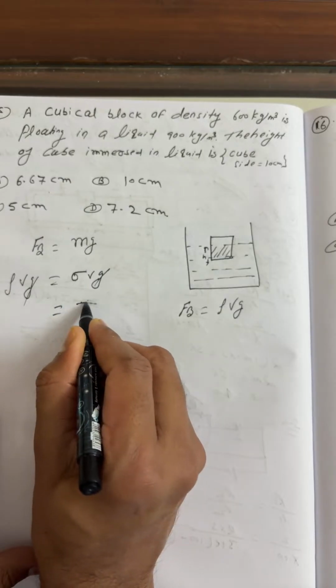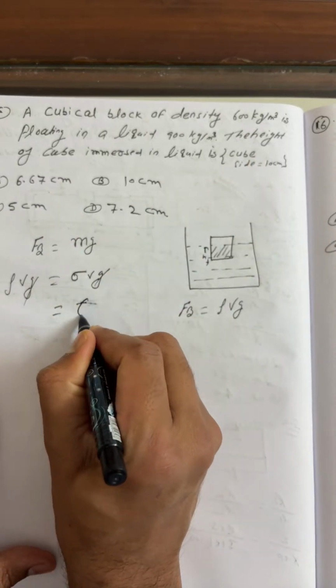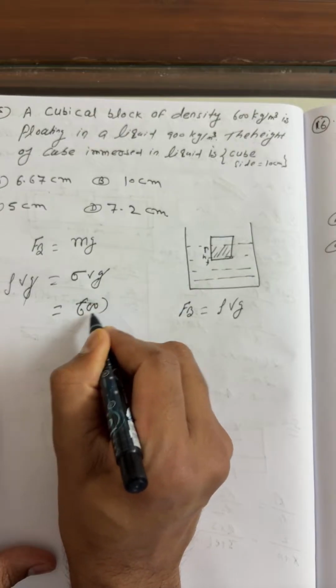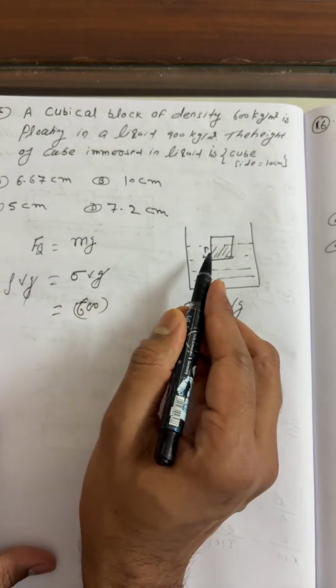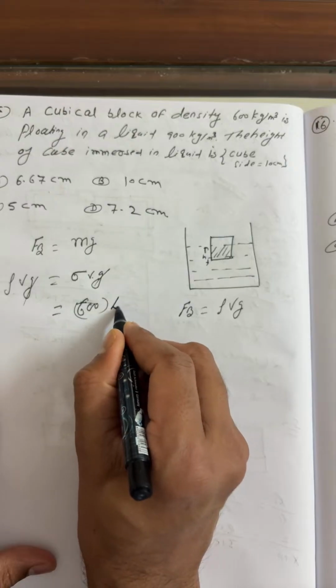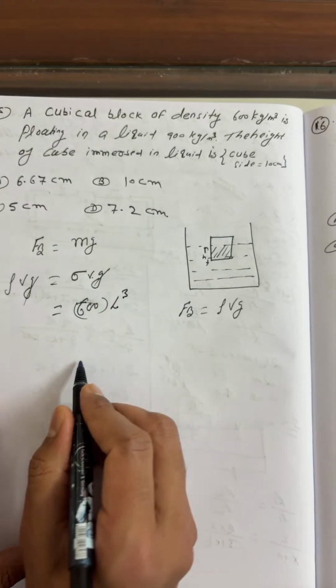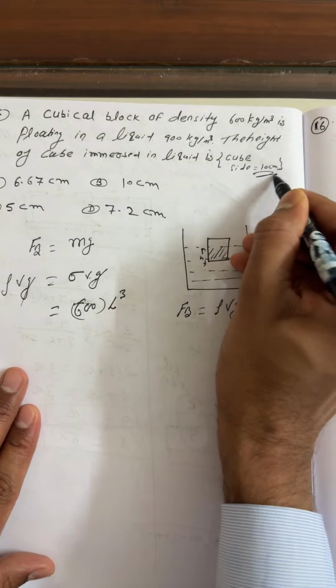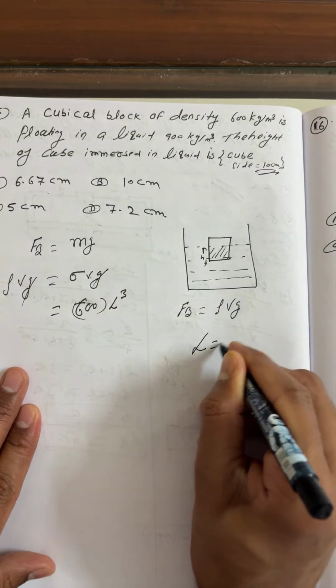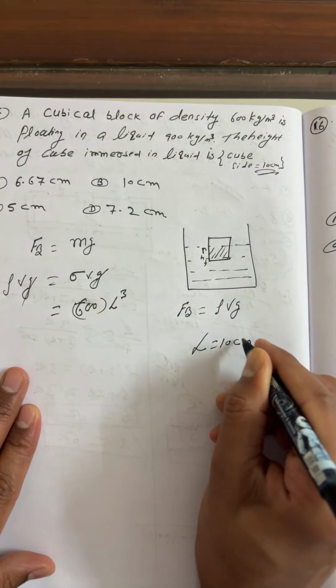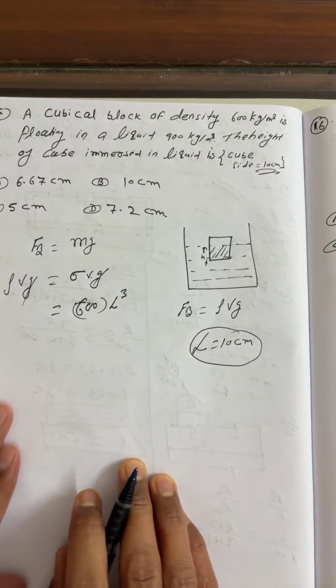So sigma is the density of the body, which equals 600. And this is side L of the cube, mentioned here as 10 centimeter.